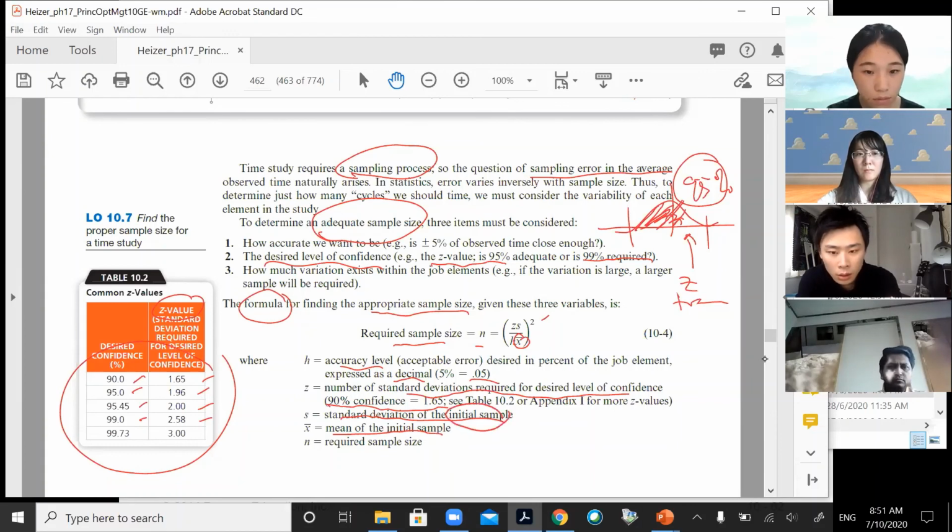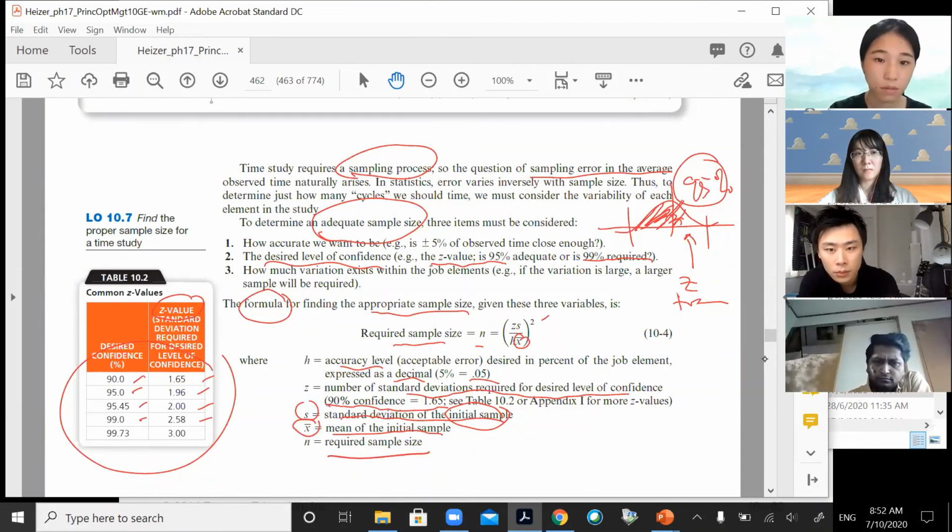So you need to know the initial sample standard deviation and also the mean. Then only can you determine the required sample size. So N equals ZS divided by H X bar, to the power of 2.